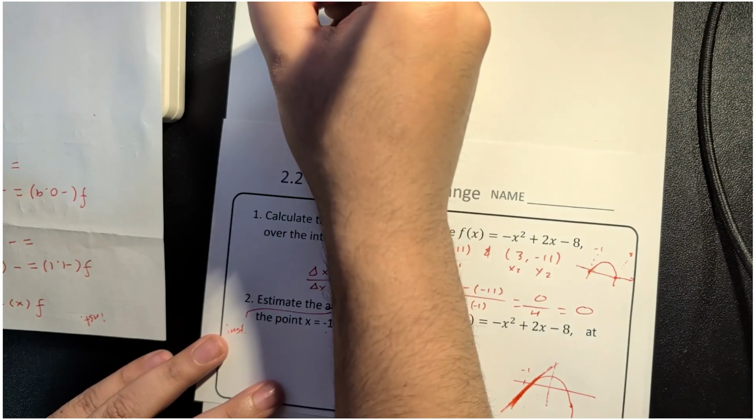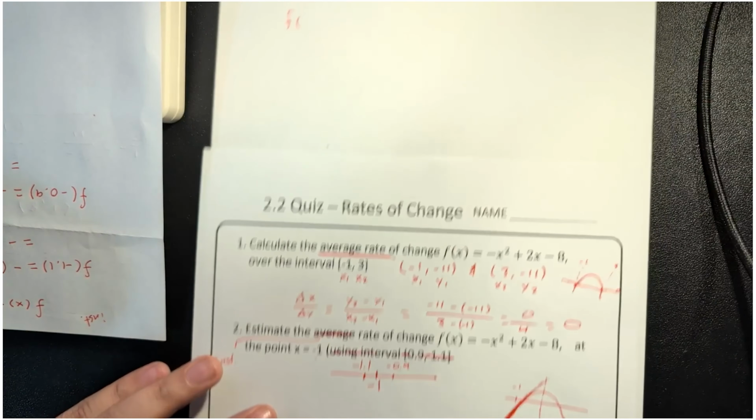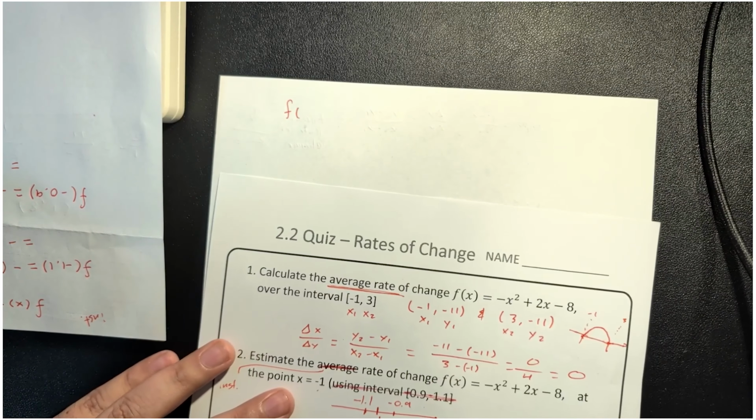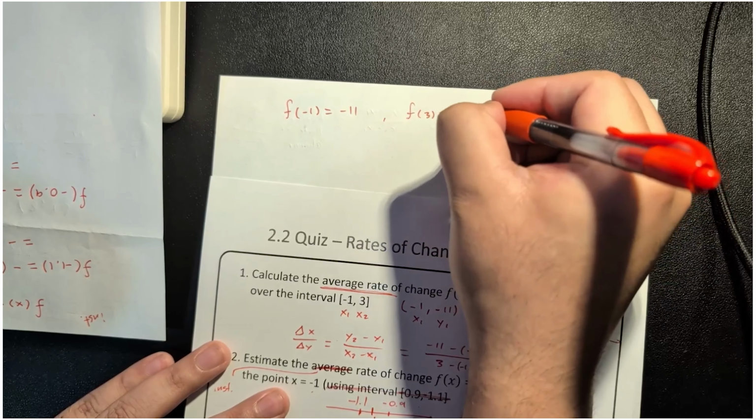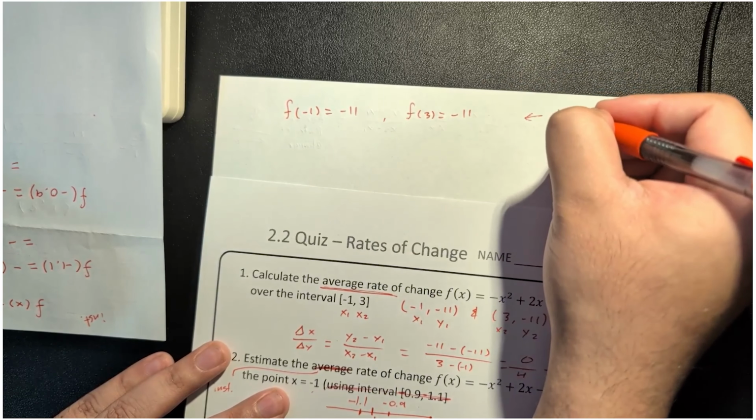I'm going to claim f of -1, all right, I'm going to plug in my x value, I'm going to claim that this is -11. Okay, and then if I plug in 3, f of 3 is also going to be -11. Okay, I want you guys to double check this.